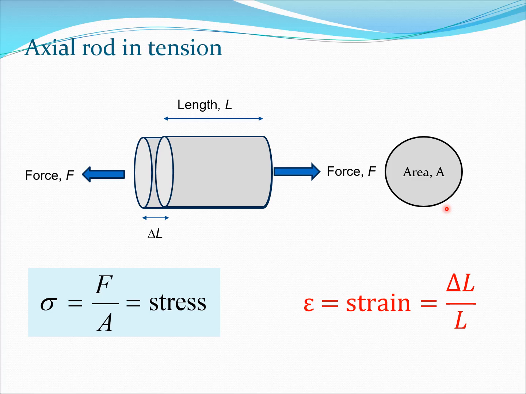So A would be pi r square. This is the basic and fundamental definition of stress and strain, and these kinds of structures are good if you want to carry axial load. That's one of the fundamental loads which you need to carry in any structural mechanics system.